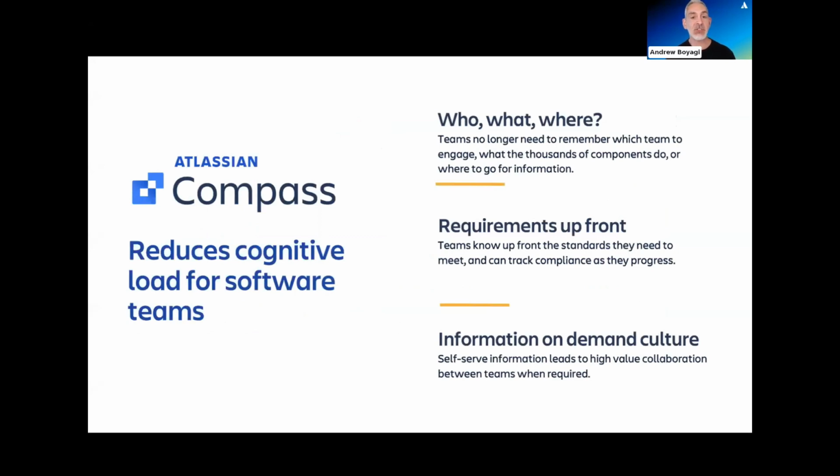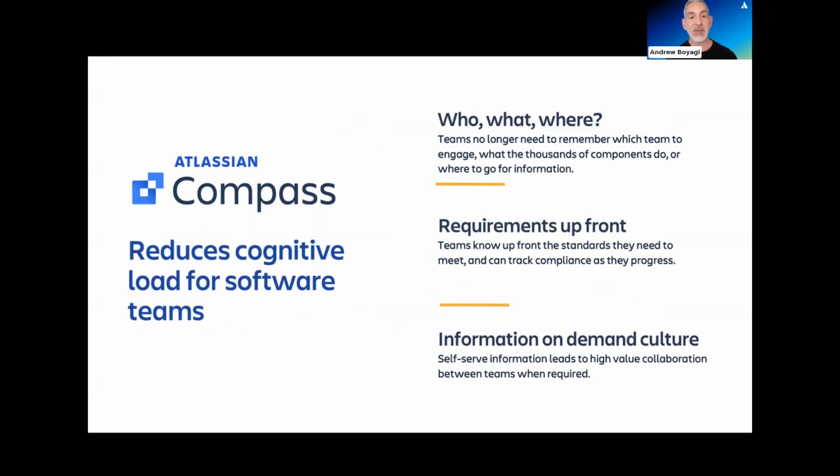Compass aims to reduce cognitive load for software teams in a few ways. Software teams no longer need to remember who does what and where to find things. They can use the component catalog within Compass to do that. Teams also now know what they need to do up front, and they can track their progress using Compass scorecards, which helps them avoid rework.